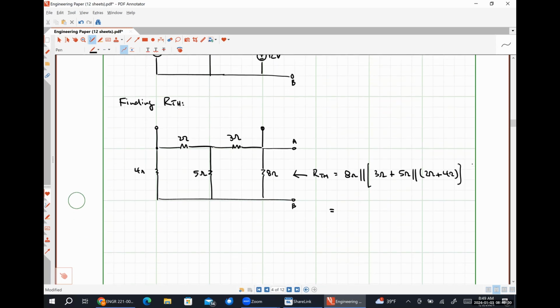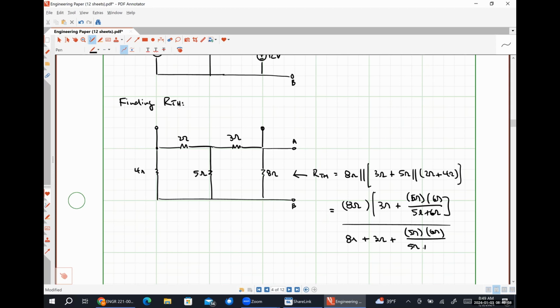So let's see. 8 ohms times 3 plus 5 times 6 over 5 plus 6, divided by 8 plus 3 plus 5 times 6 over 5 plus 6.